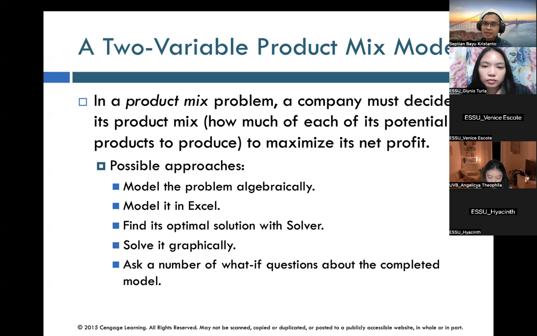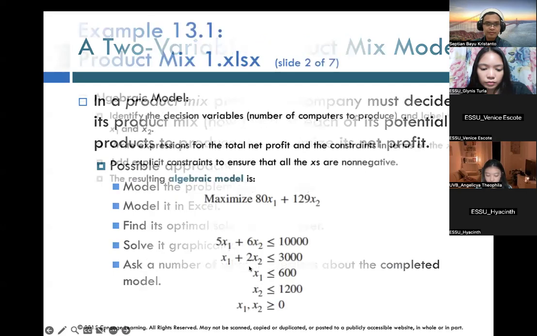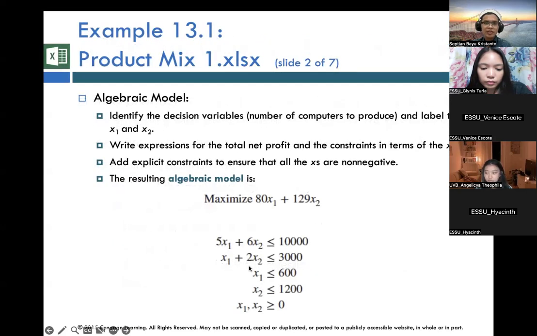After we find the possibility in Excel modes, we also find the optimal solutions using features of Microsoft Excel, like the Solver and solving graphically. Look at this first session, where we found the possibility in mathematical functions, which in science we call algebra models.